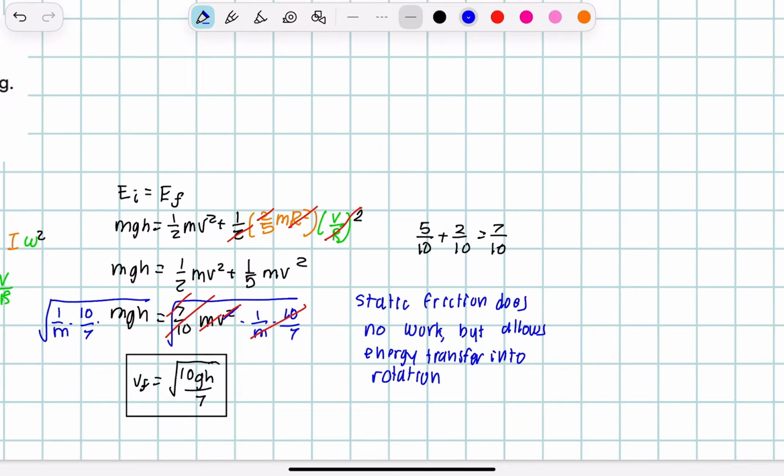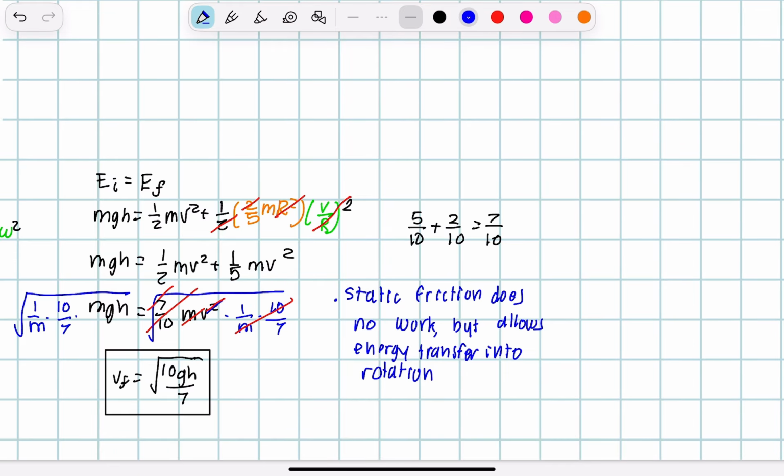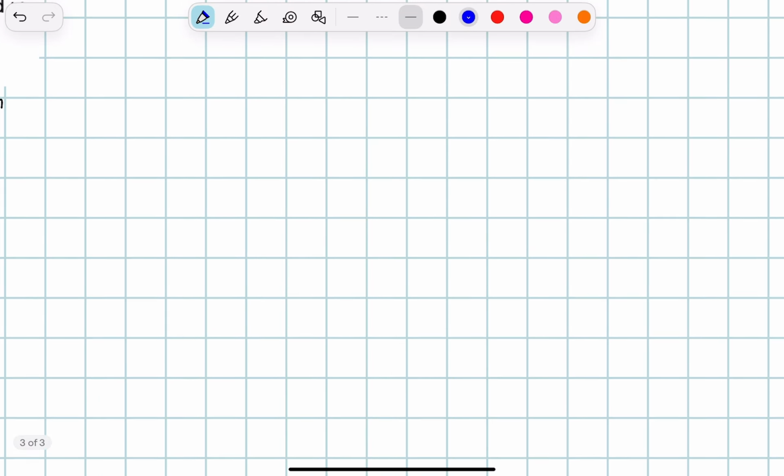Essentially, some takeaways that we want to have are that torque does rotational work. Rotational work changes rotational kinetic energy.